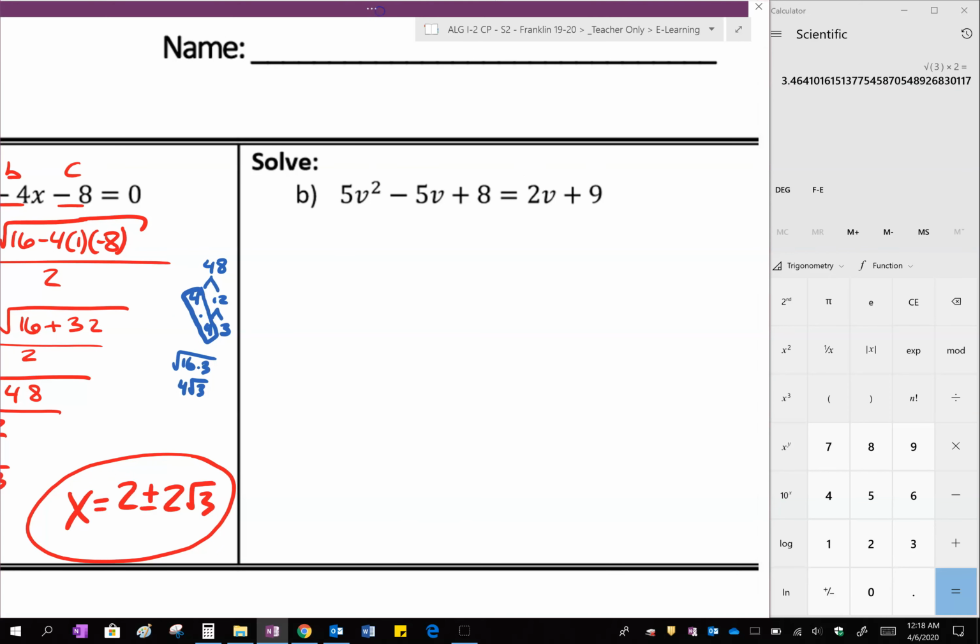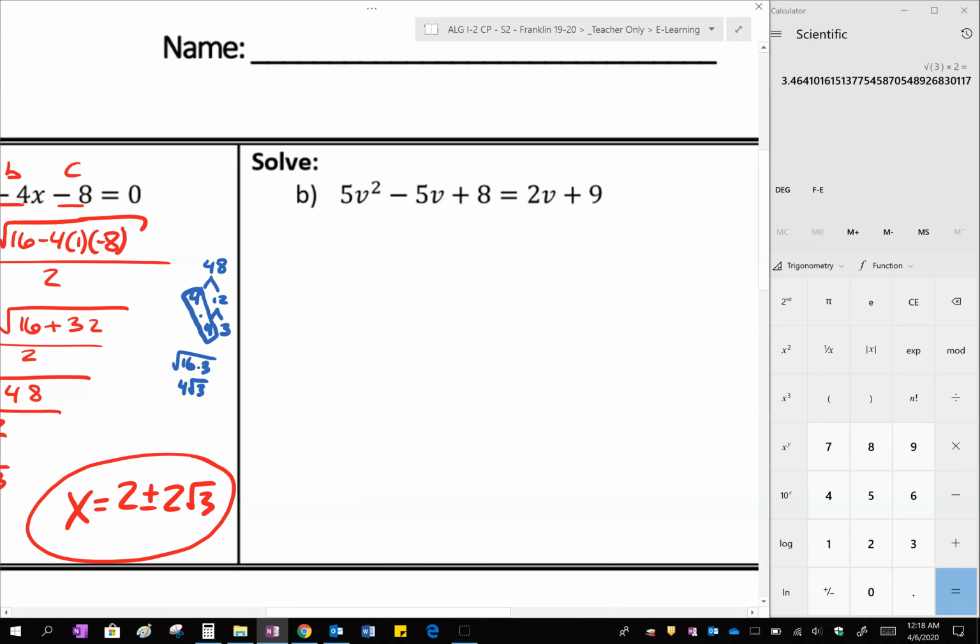All right, next example. First, we're going to rearrange this equation. Make sure it's in standard form. So 5v squared minus 7v minus 1 equals 0.